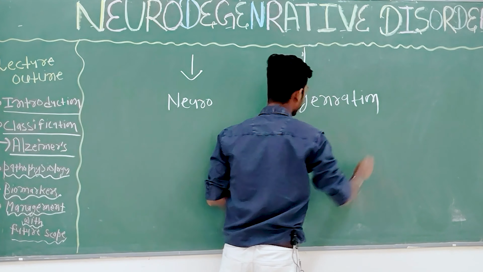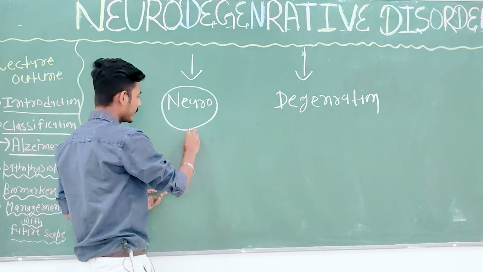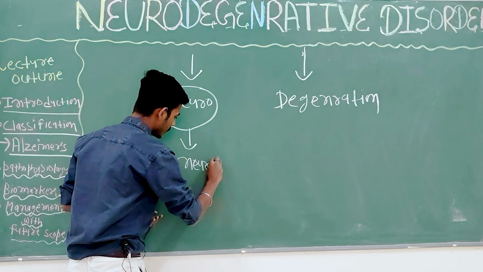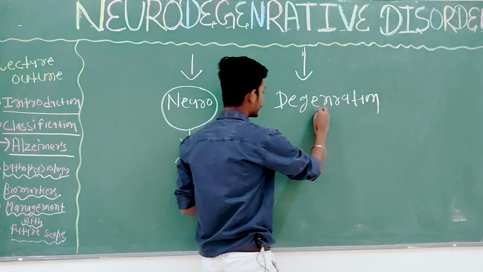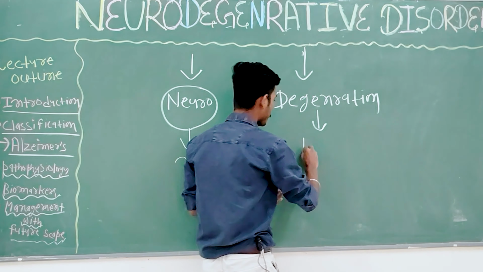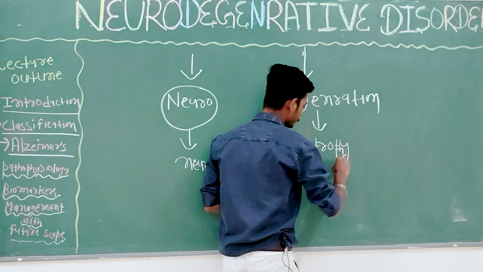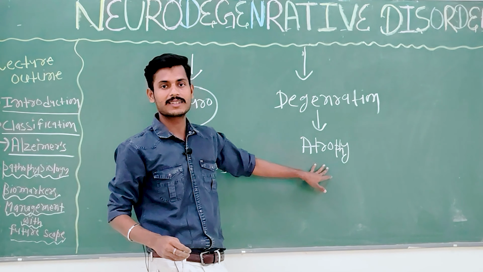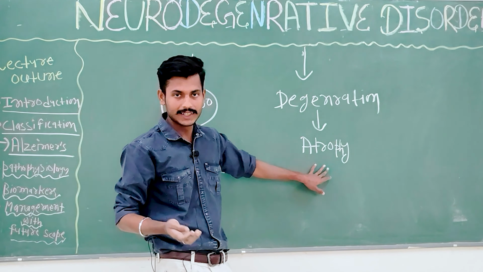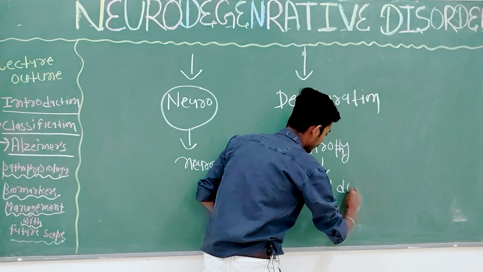Now the word neuro implies the neurons, and degeneration means atrophy. Now atrophy is a kind of cell death.